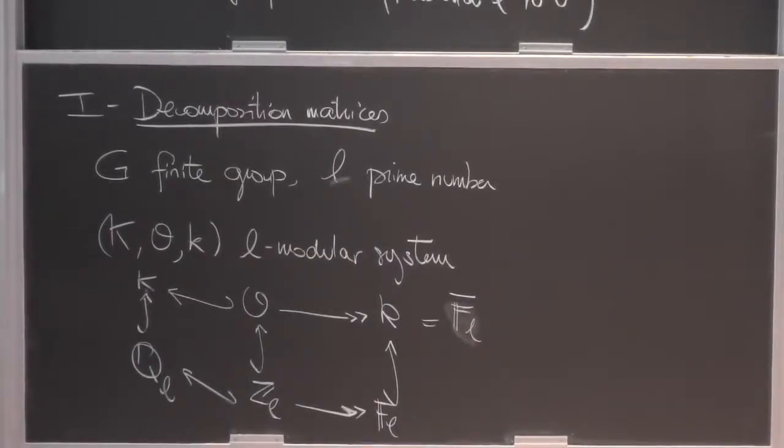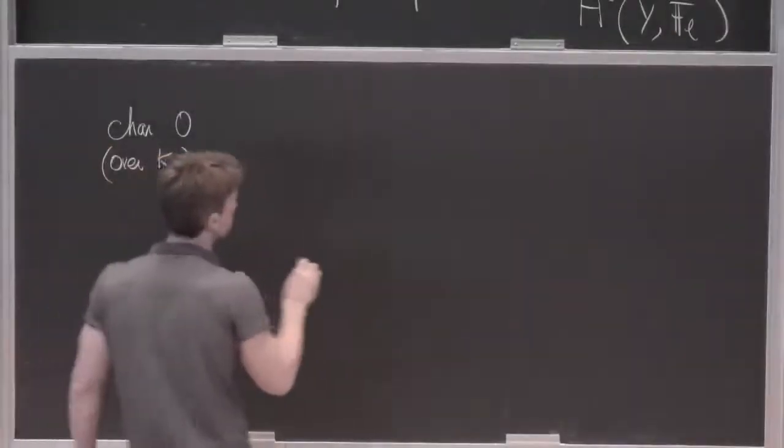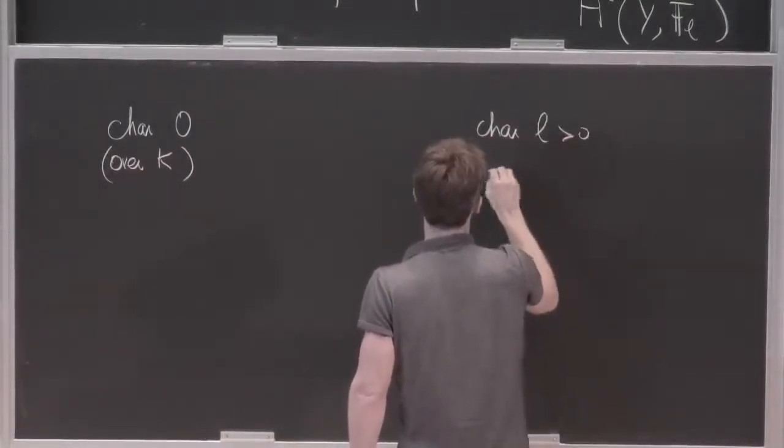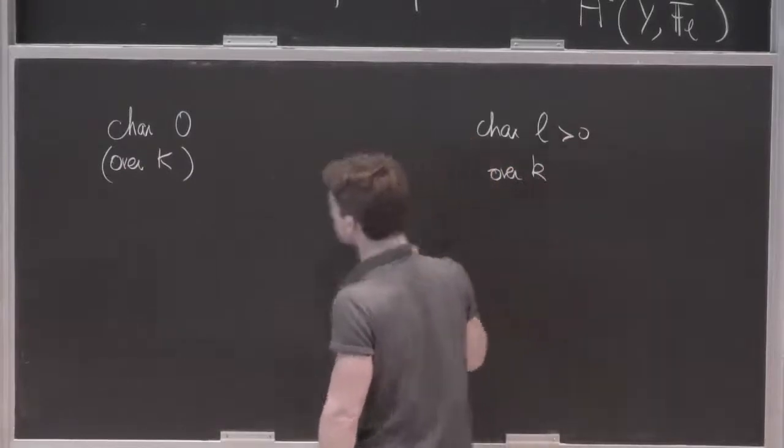So what are these two operations, this l-reduction and this lifting of representations? It's really something that goes from some representation in characteristic 0, so over K, to representation in characteristic l, over small k.